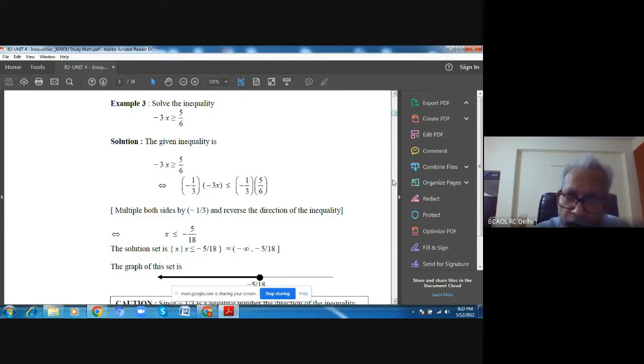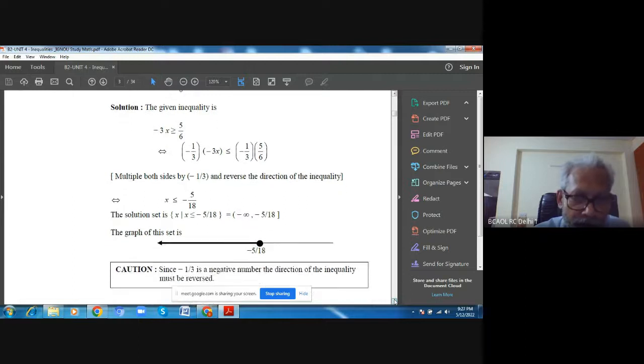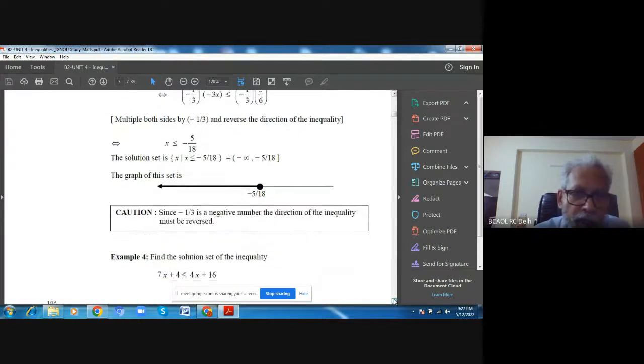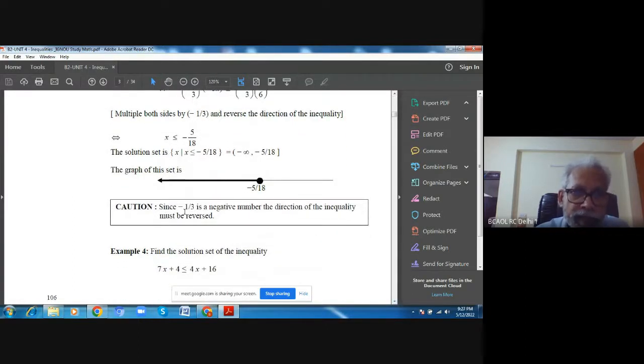Nothing to worry about, only you have to see carefully. And listen and note down what I am saying, then I will tell you more effectively. And you see written here, since -1/3 is a negative number, the direction of the inequality must be reversed. So that's why the direction has changed. Okay.